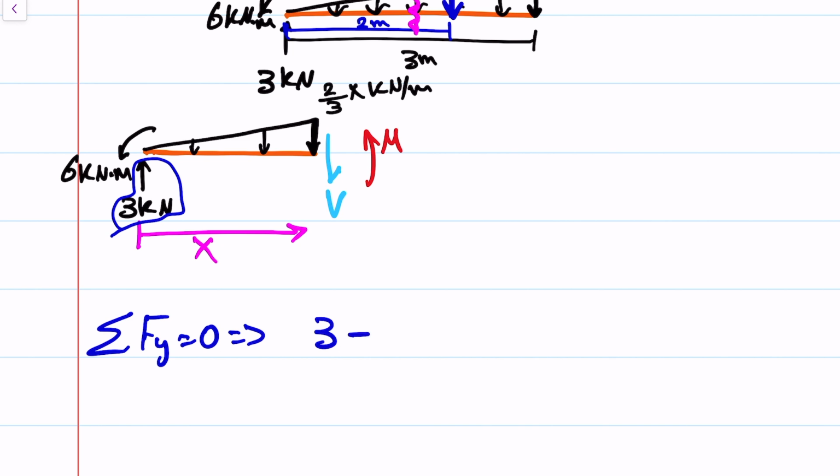minus V, the shear force is downward, minus the distributed load, and as we said, to calculate the equivalent point load, it will be the area of this distributed load, so half times the base, which is x, half x, times the height. In this case, the height is 2 over 3 x.